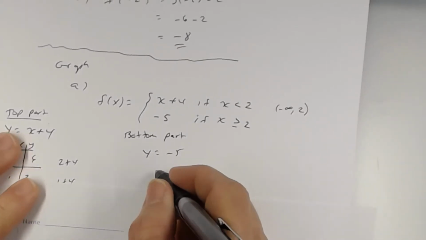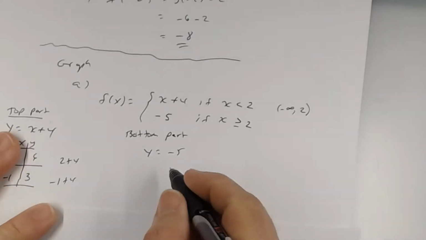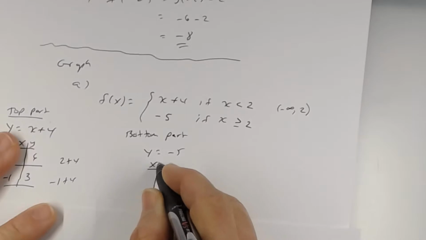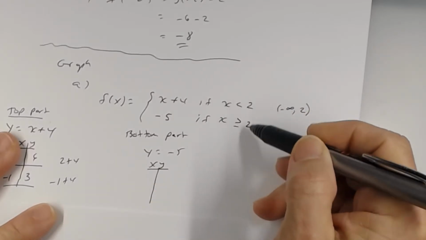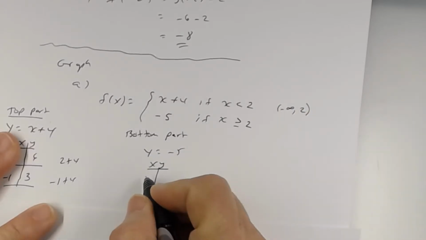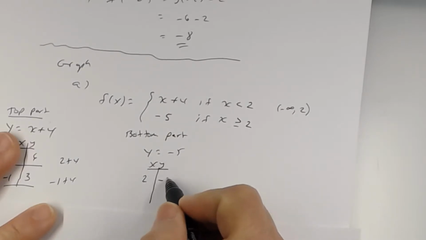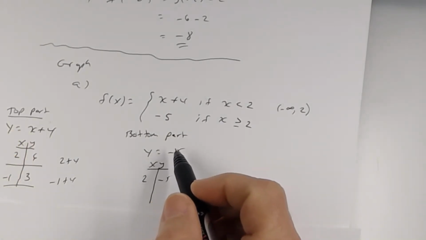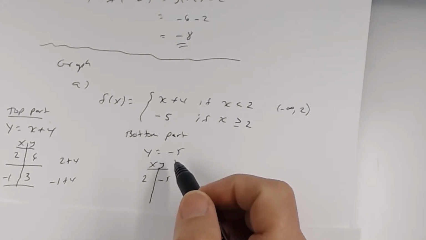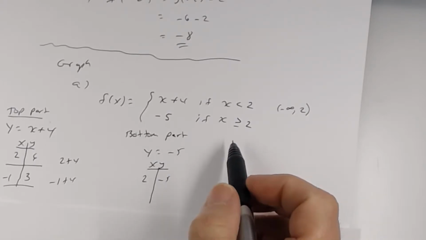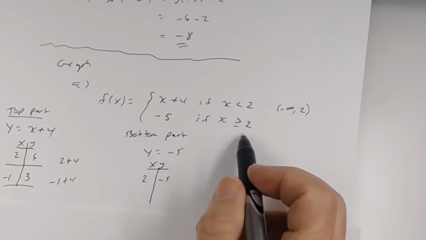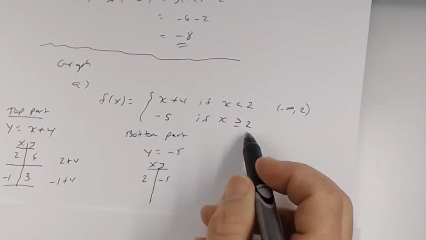So when I do my t-table, remember we say we have to always use this number that you see here, right? I'm going to say 2. When x is 2, what's my y value? Negative 5. All right, now this is a line. I need one more value for x. Give me another value for x that's in here. 1. 1's not in here.